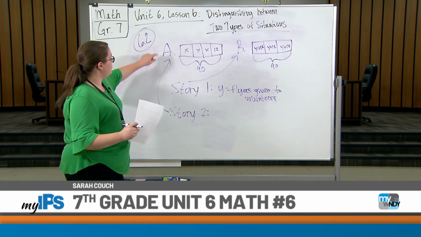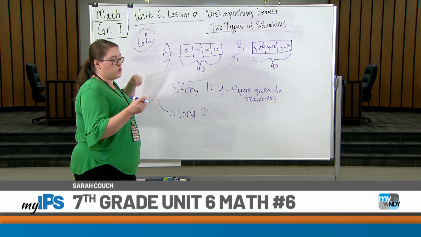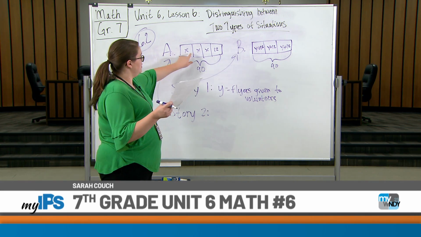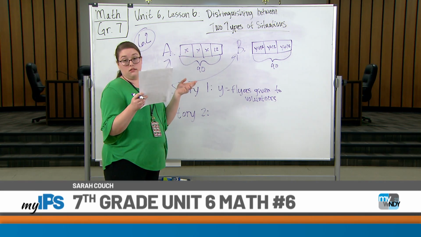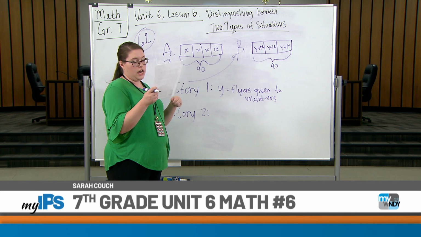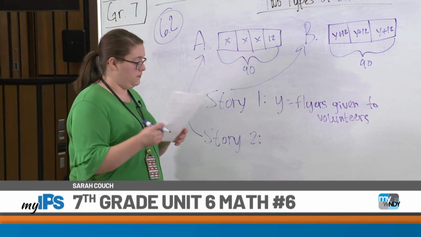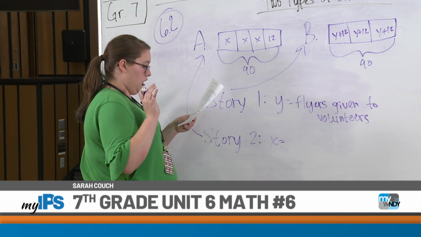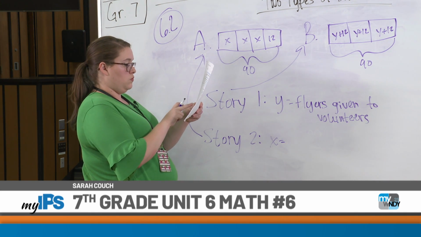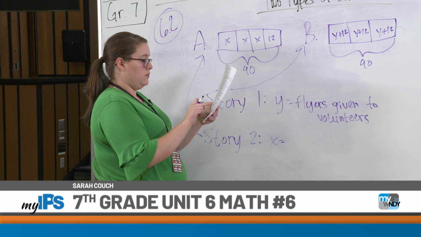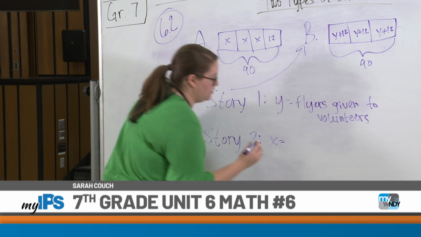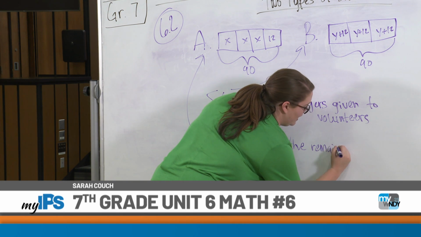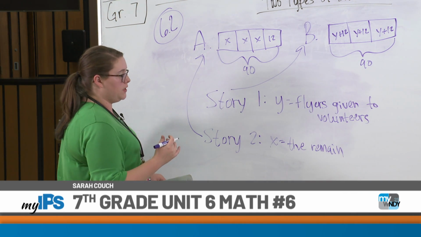Story number 2 is represented by visual A. And story number 2 states that after giving the same number of flyers to each 3 volunteers, which is our unknown, that's our X, she had 12 left to hang up by herself. So that X equals the remaining flyers. I know, guys, it's not as smooth as normal, but I will get through it.